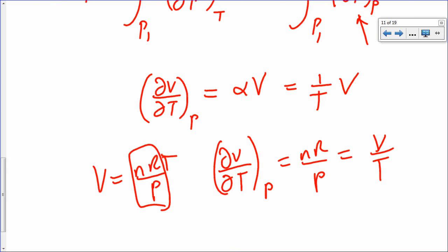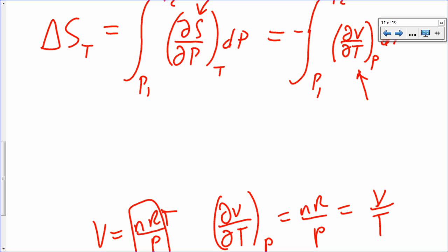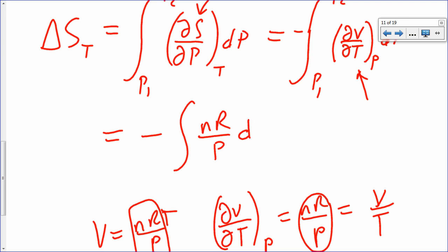So that's nR over P, which is V over T. So let's rewrite this integral right here. So this is negative integral of nR over P dP from P1 to P2.